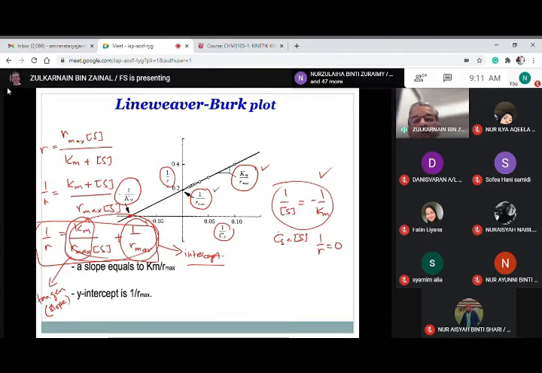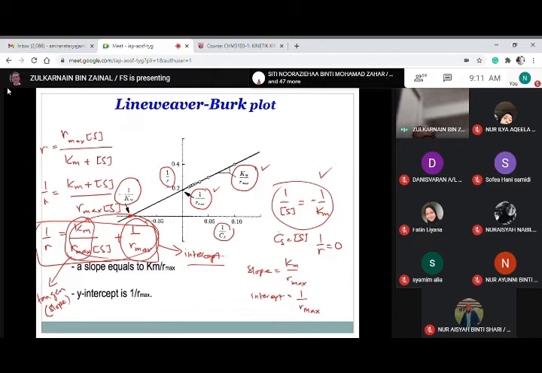Normally what we do is determine the value of Km by using these two values that we get here. You have the slope, which is Km over R max, and your intercept is equal to 1 over R max.